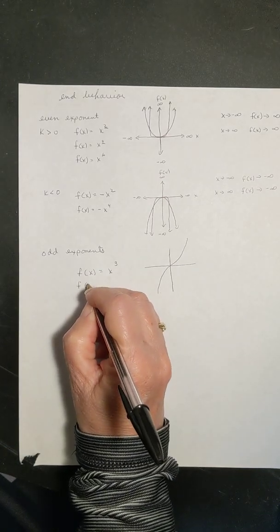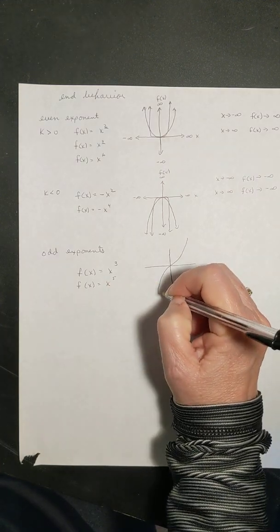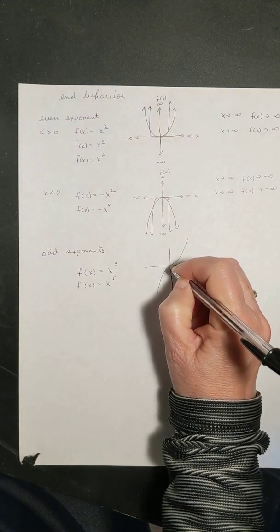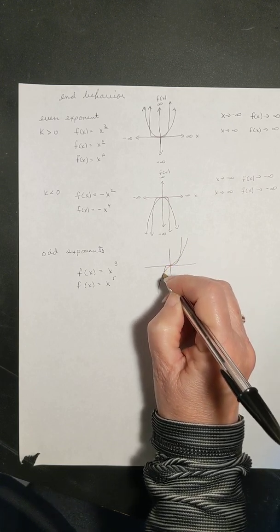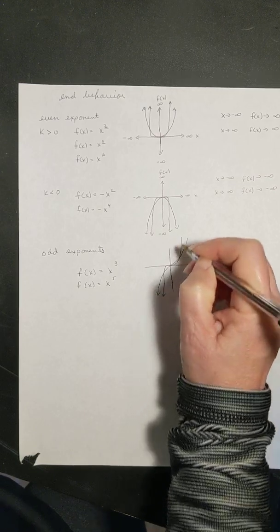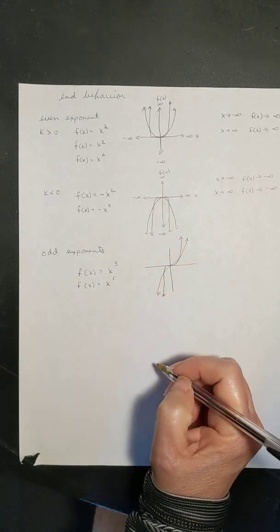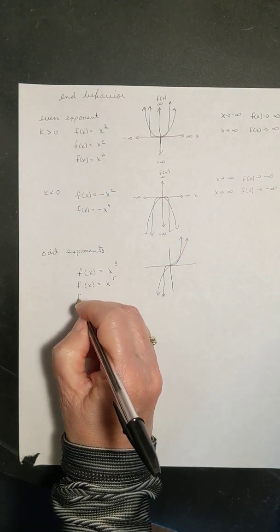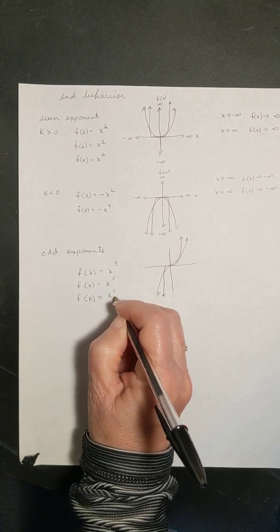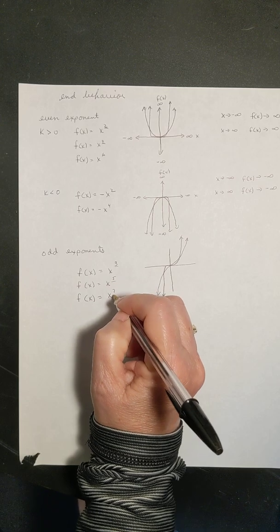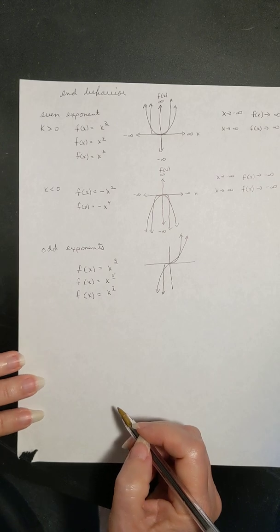If I made it f of x equals x to the 5th, well, again, it's going to kind of flatten off more here and then go up faster. And it'll kind of flatten off more here and go down faster. But it still has the same basic snake function. All right? And this holds for any of them, f of x equals x to the 7th, as long as your exponent is an odd number, then it's going to look like a snake.